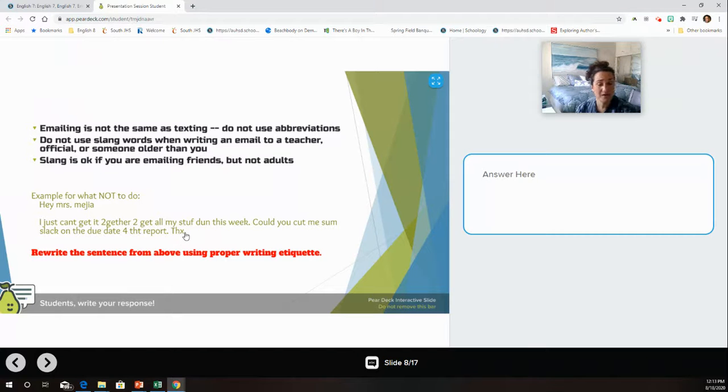Now, that might be how you would write to your friends, and they were okay with that. But when you're writing to a teacher or an administrator, or if I were to write that to my boss, if I wrote that to Mr. Romero, I would be called to his office and we would be having a talk about how I write emails to him. So they just want you to rewrite the sentence from this using proper writing etiquette.